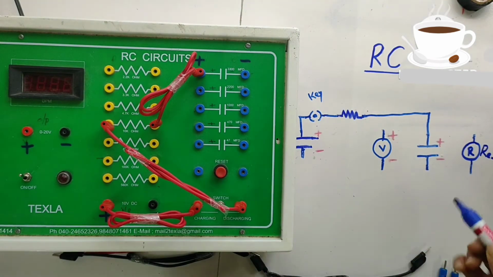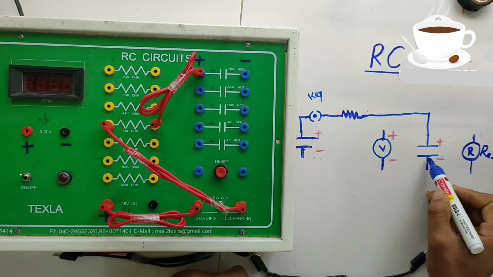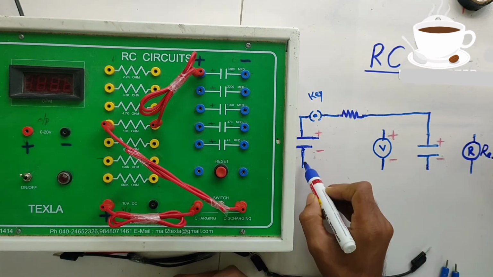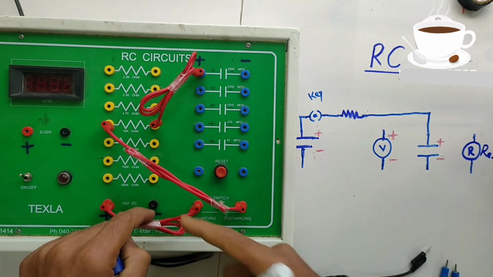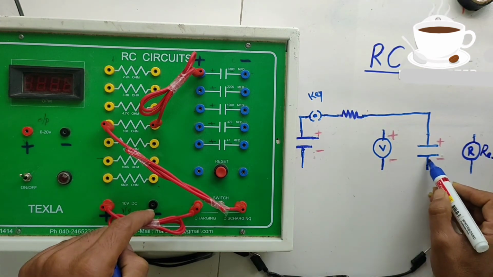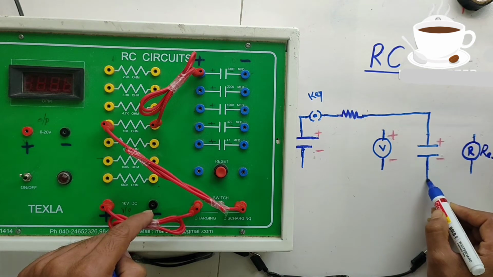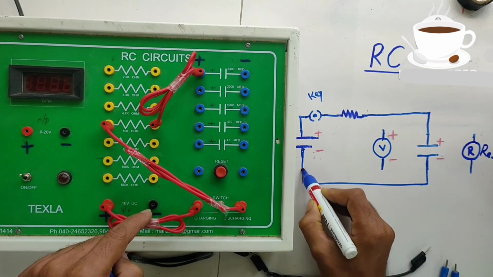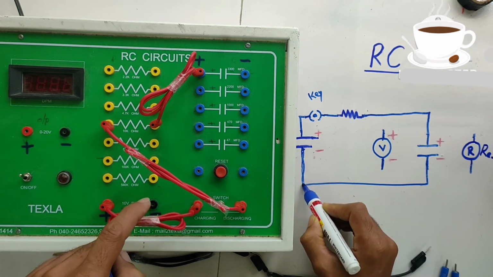Next, here one terminal is lifted, here also one terminal is lifted. Same as the battery, one terminal is lifted, here also one terminal is lifted. So from that capacitor I make a line up to the battery negative terminal like this.